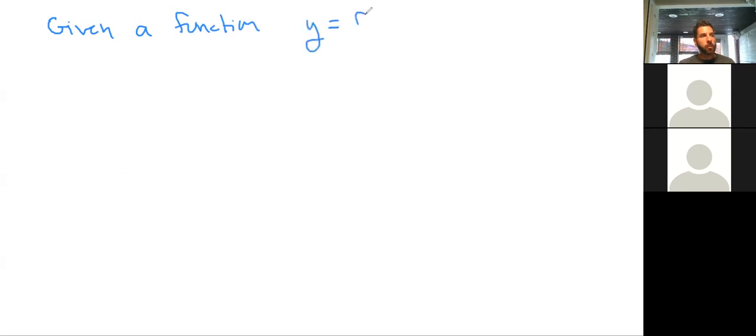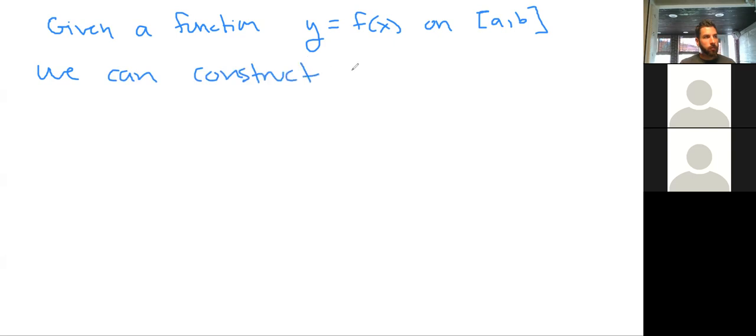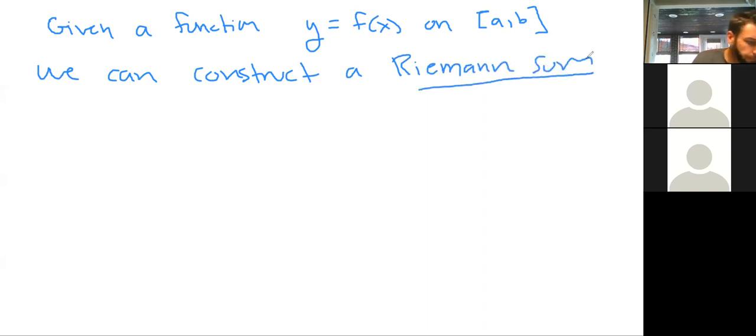So what is a Riemann sum? It's the following. Given a function y equals f of x on [a, b], we can construct a Riemann sum in the following way.